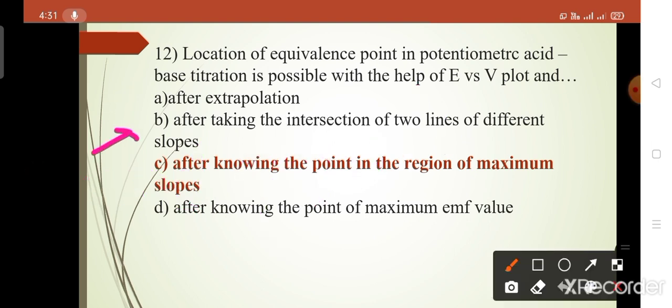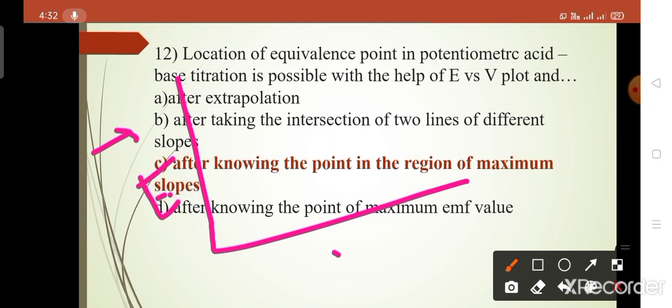Then option B is after taking the intersection of two lines at different slopes. This option is also incorrect, because for the equivalence point, suppose this is the plot of E versus V. This is the EMF of the cell and this is the volume of added solution.